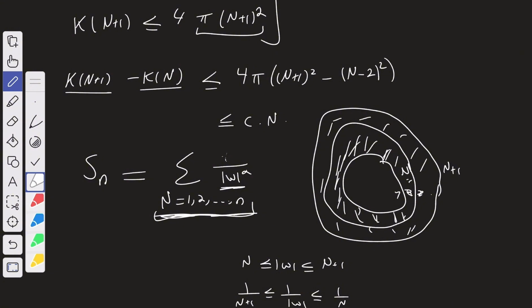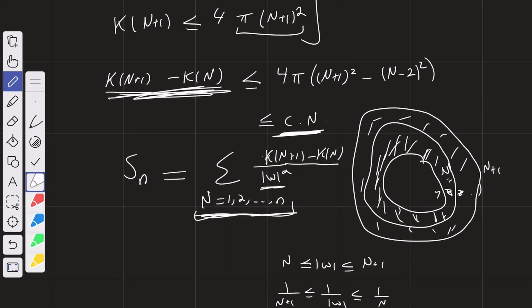So how many of these omegas are we summing? Well, we're summing that many. So it's going to be k of n plus 1 minus k of n. And it's not so hard to see that this will also be lower bounded by a constant times n.